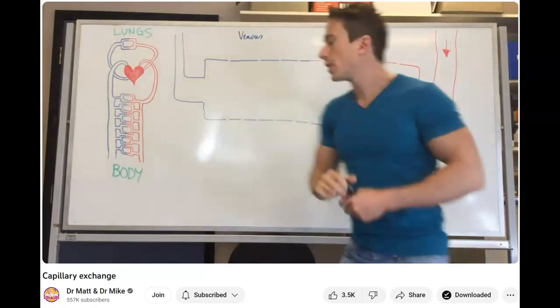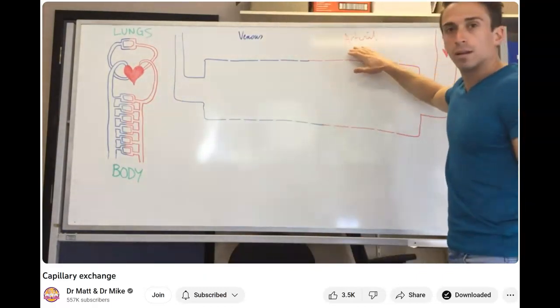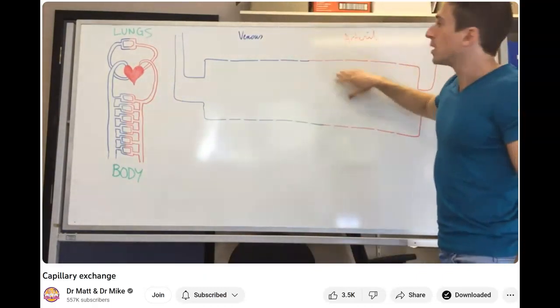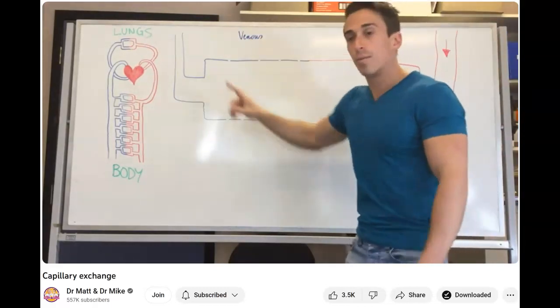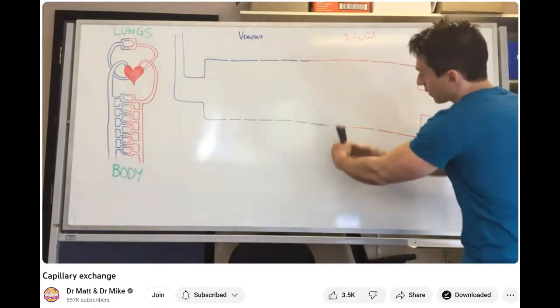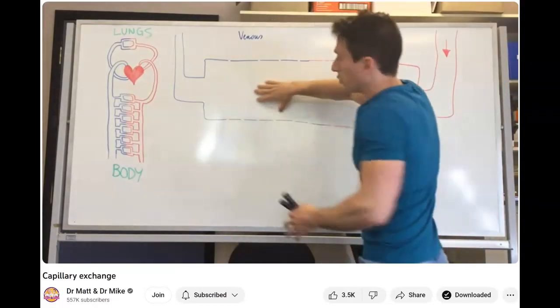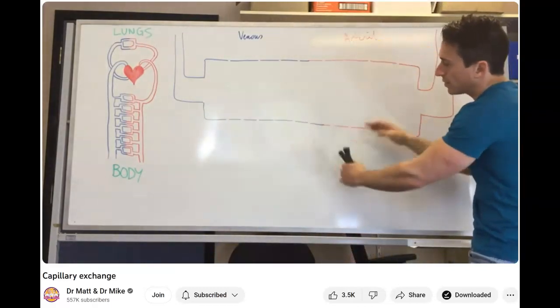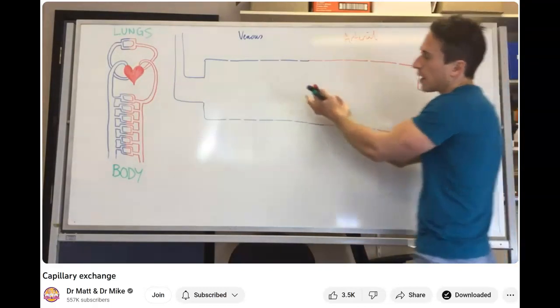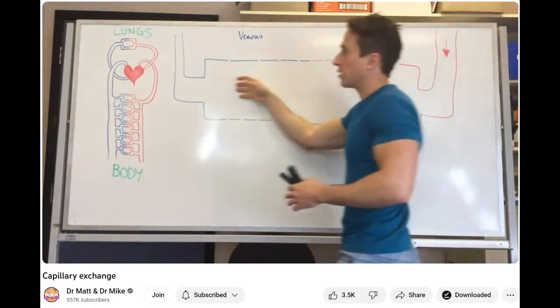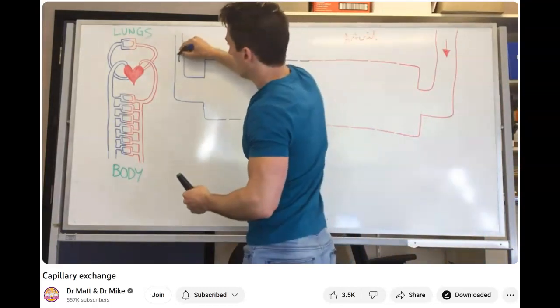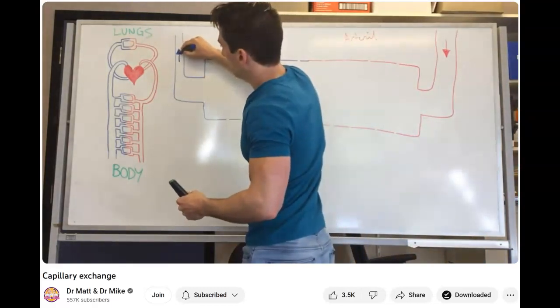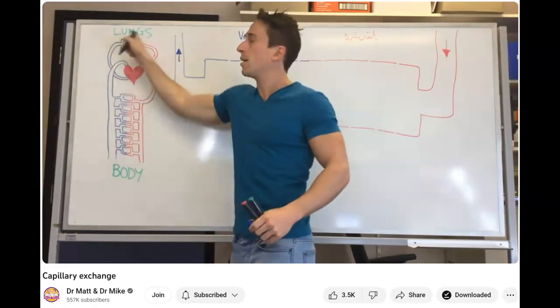Because remember, arterial blood is oxygenated. Venous blood is deoxygenated, which means that here we have that stuff coming out, and here it's no longer oxygenated. So blood's being pushed out of here, exchanging gases, pushing out oxygen, taking in carbon dioxide, and here we now have deoxygenated blood, and this blood is ultimately leaving the tissue and going back to the heart and then to the lungs.